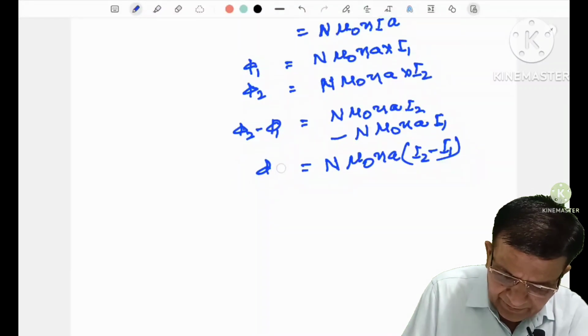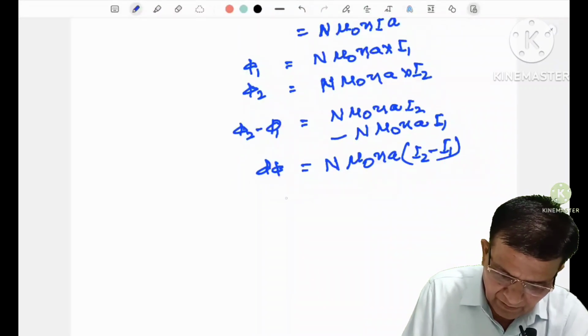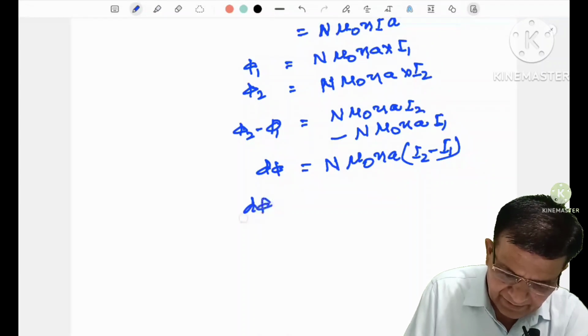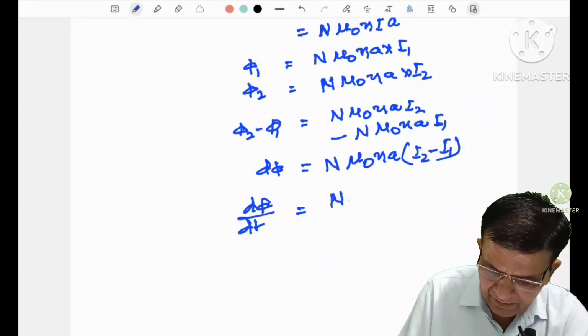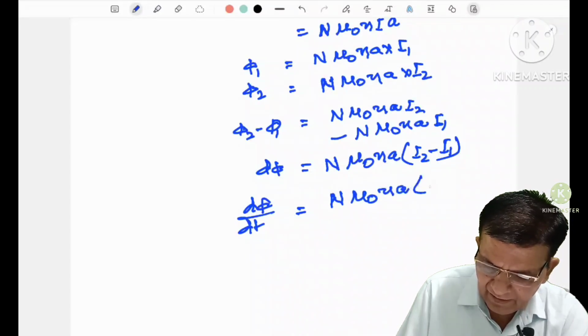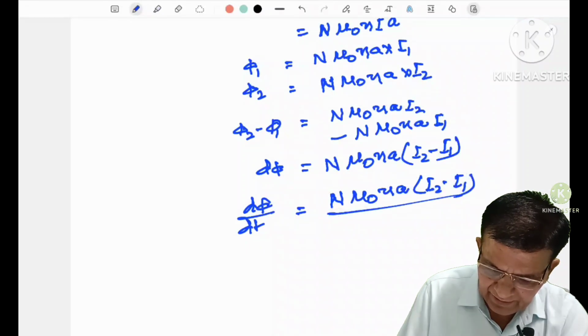This is d phi, or d phi by dt is equal to N mu 0 n A (I2 minus I1) by dt.